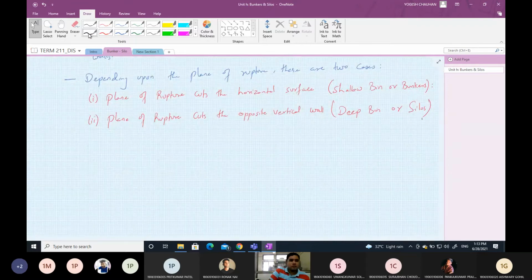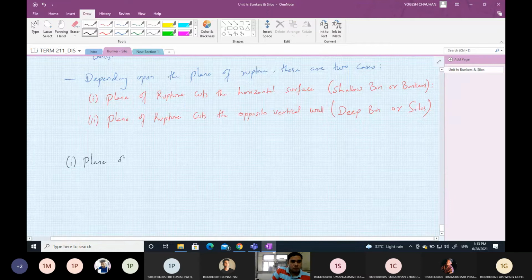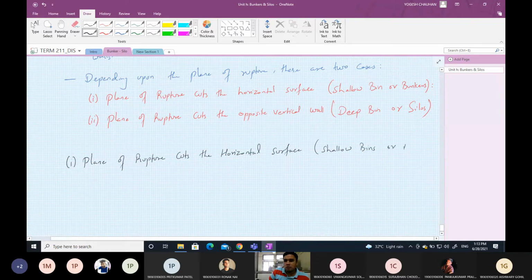So let us derive the expression for the first case. Plane of rupture cuts the horizontal surface, that is shallow bin or bunkers.